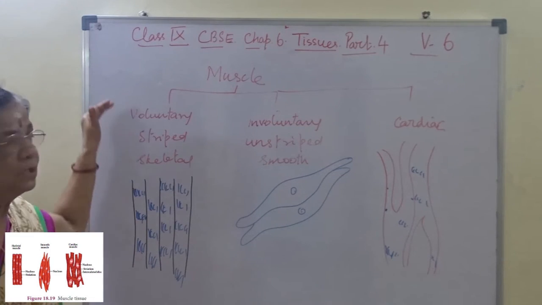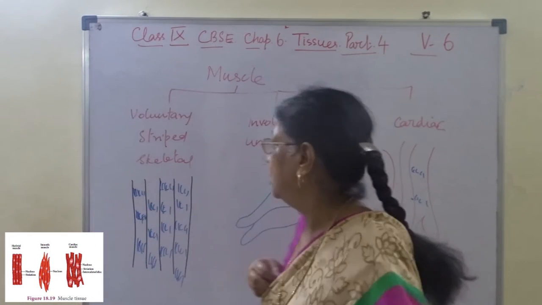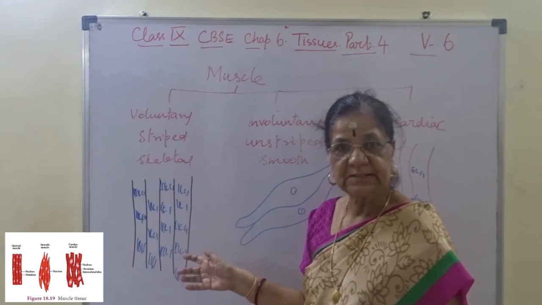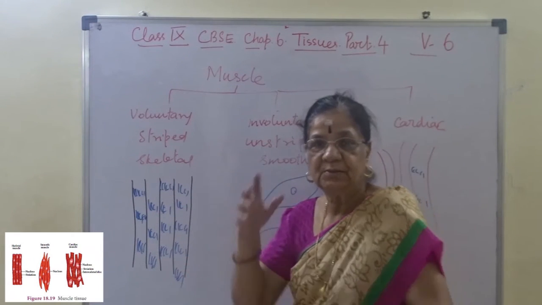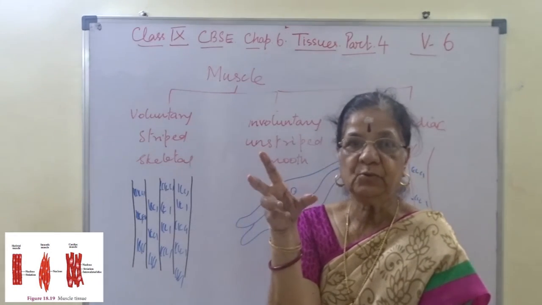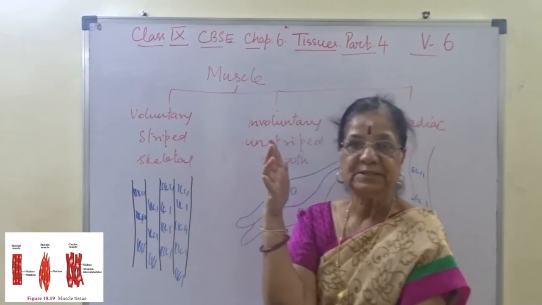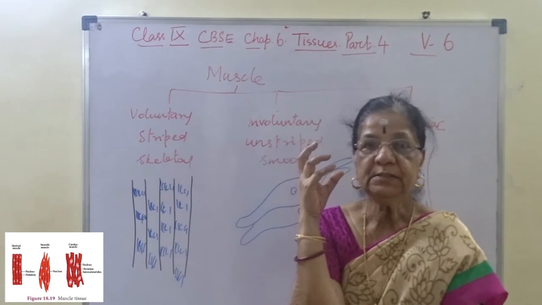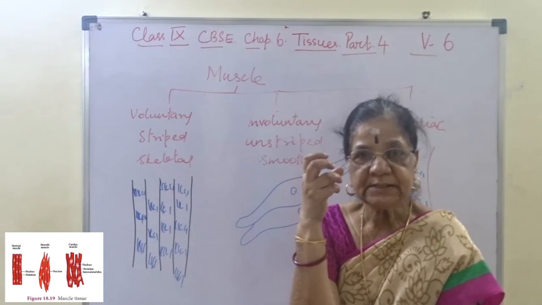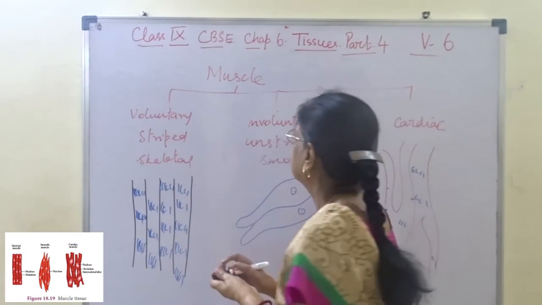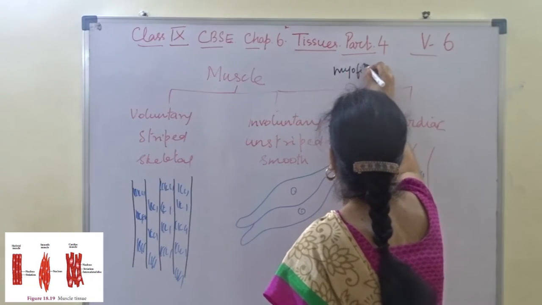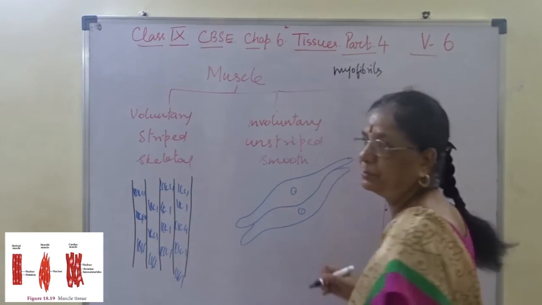Voluntary muscle, or striped muscle, or skeletal muscle, has striations, so it is called striped muscle. Normally it is associated with the skeletal framework, so it is skeletal muscle. Now these muscles are formed of numerous tender fibers called myofibrils.